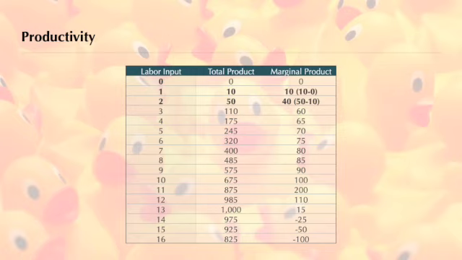That is, it shows how many additional units, or ducks, are produced at each level of input. For example, if labor input increases from 0 to 1, the marginal product is 10, because 10 ducks are produced. If the level of input rises again to 2, the marginal product is 40, because 40 more ducks are produced than before the increase, or 50 minus 10.